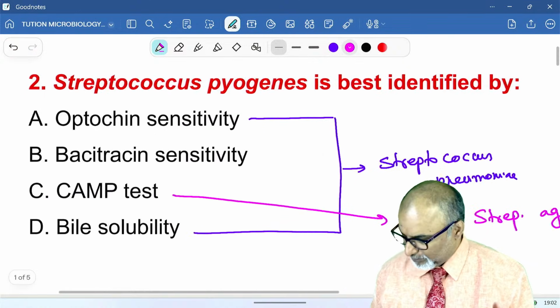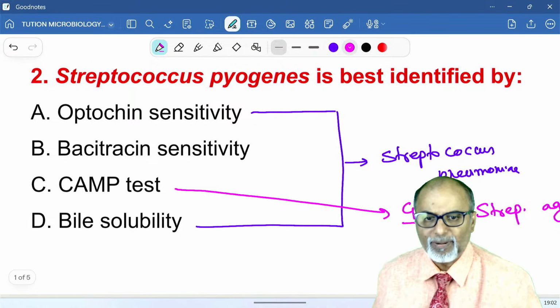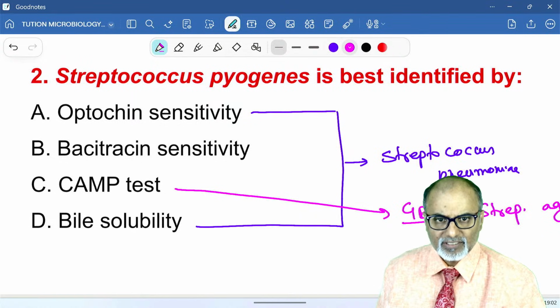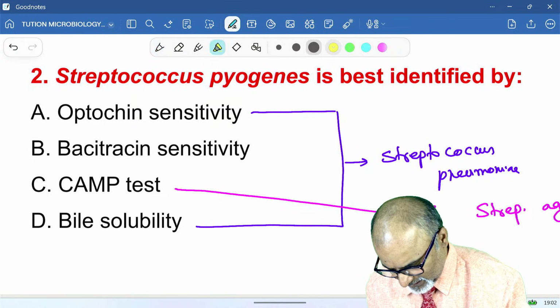And the major biochemical test for Streptococcus pyogenes is the bacitracin sensitivity test.